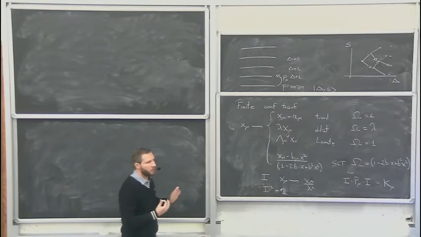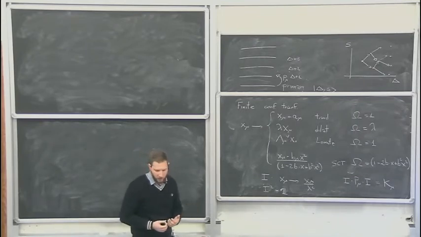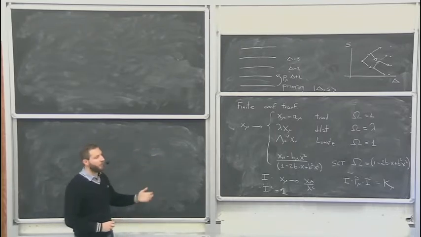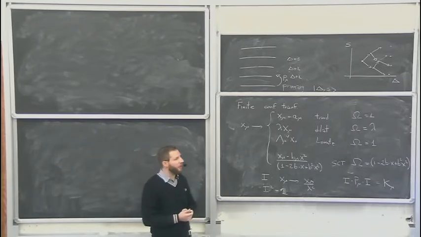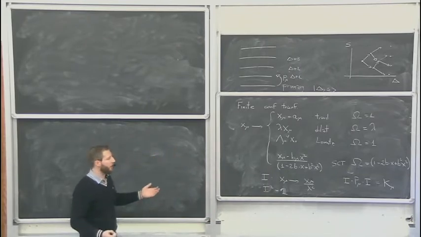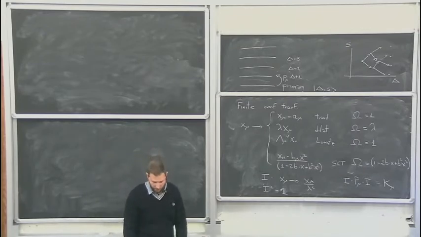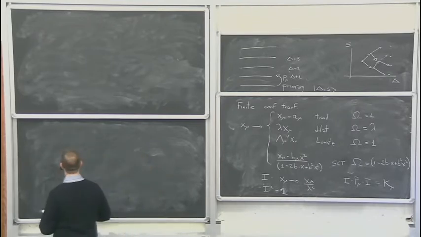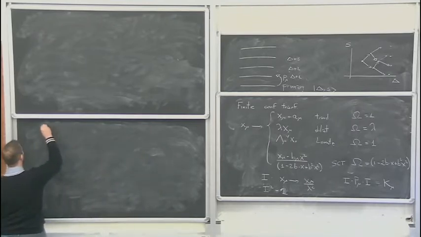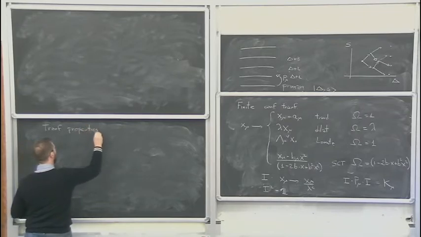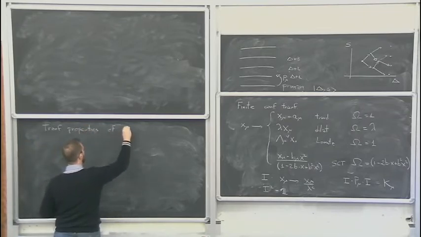You can simply assume that your theory is defined in terms of some operators, and those operators, because you have a symmetry, can be classified in terms of irreducible representations of the symmetry, and you also would like to understand transformation properties under the symmetry. So, transformation properties of operators.